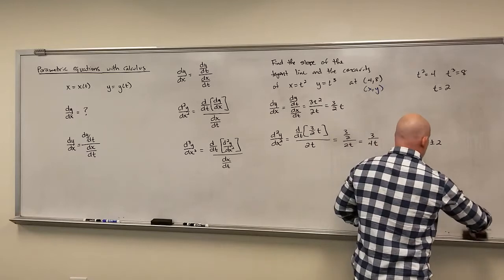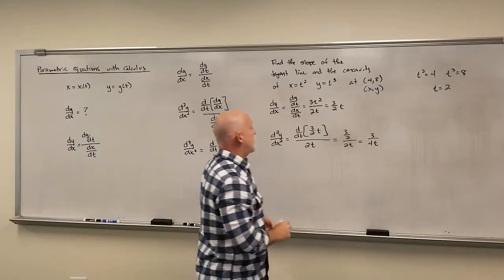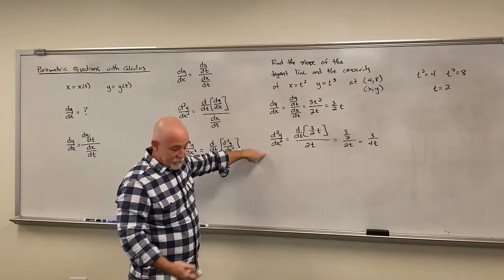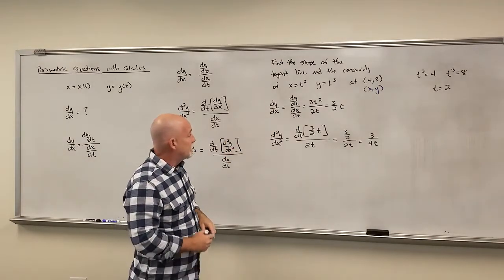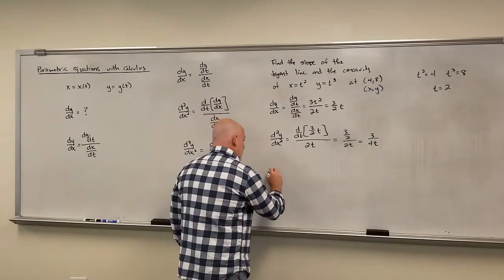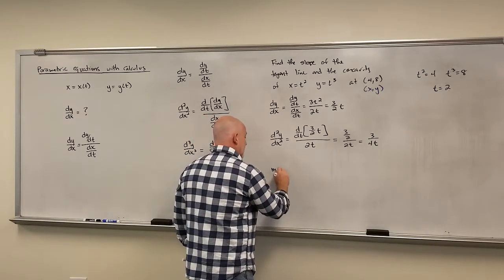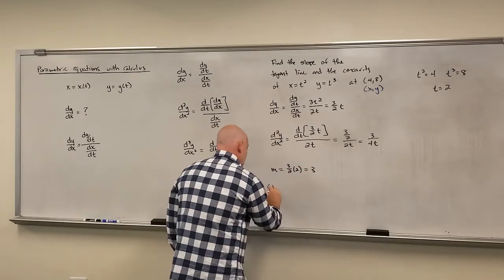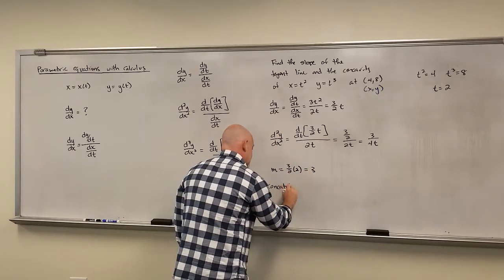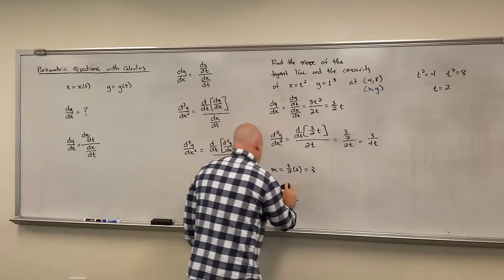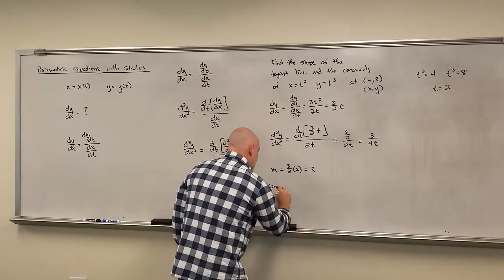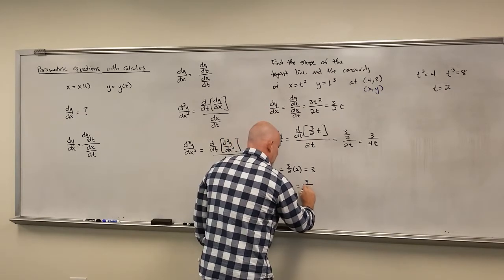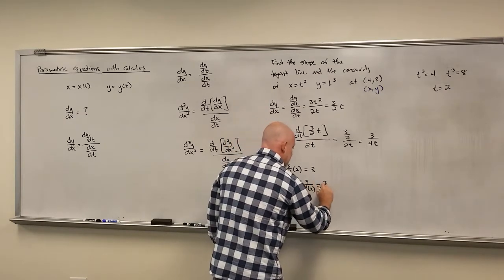Okay, so we now know that a t value of 2 will give us the slope and the concavity when we plug it into the first and second derivative respectively. So the slope of our tangent line will be 3/2 times 2, which is 3, and the concavity will be equal to 3/4 times 2, which is 3/8.